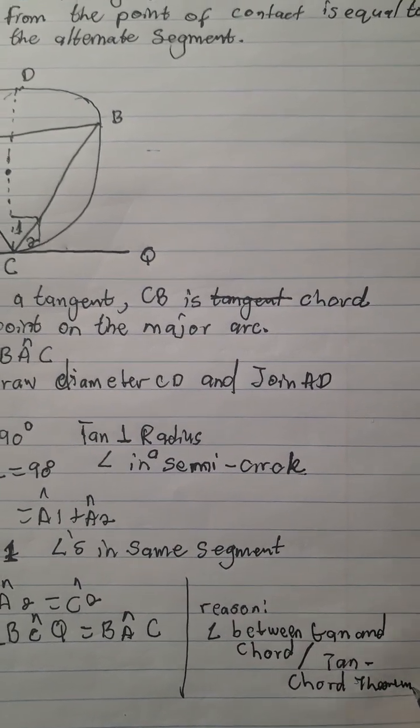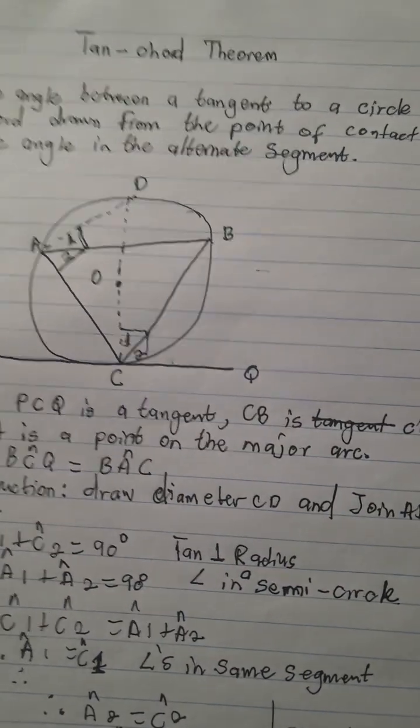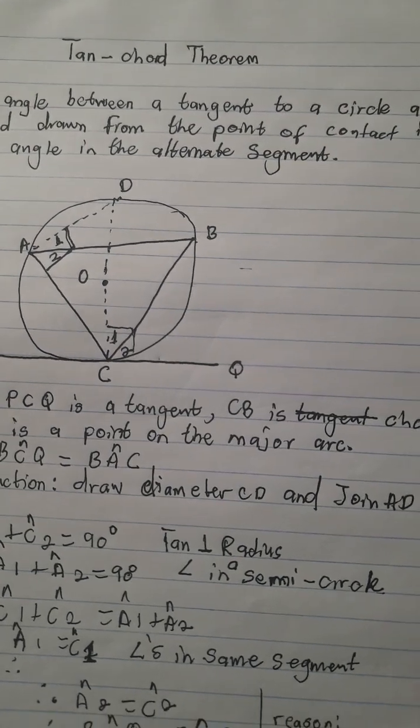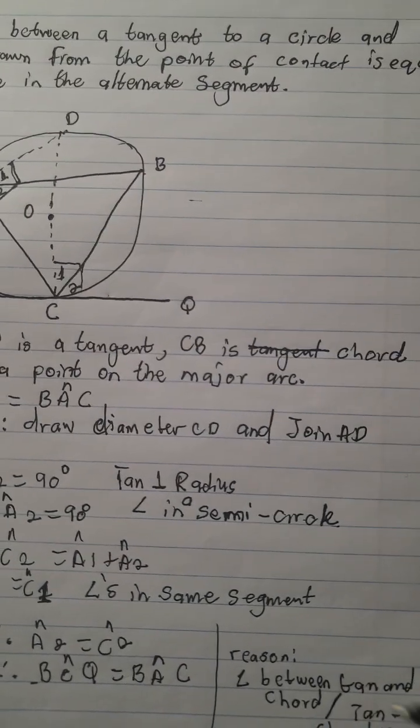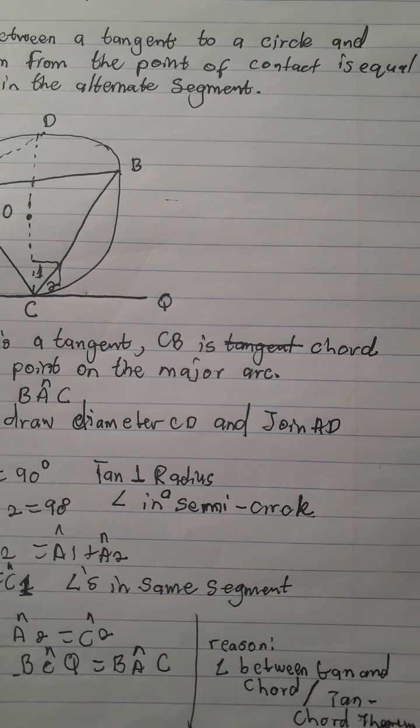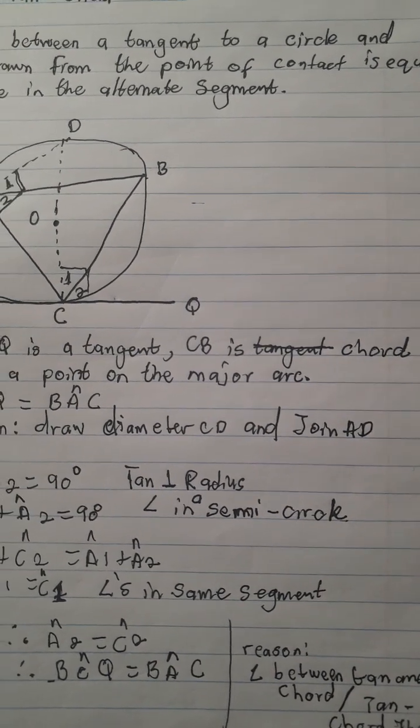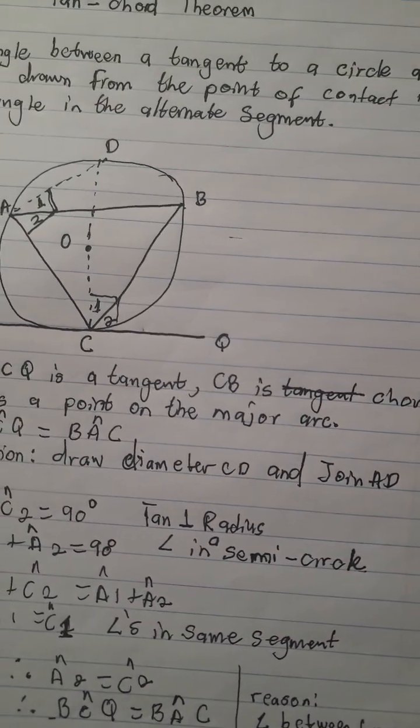Yes, you could say tan-chord theorem. That's the valid reason, guys. That's how you can give a reason for your theorem or your rider when you see something like that in a rider.